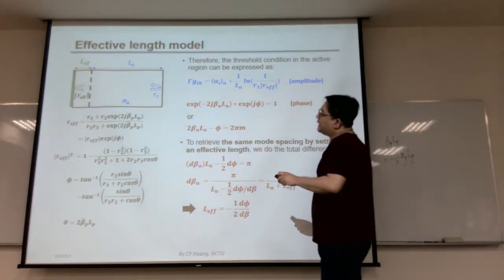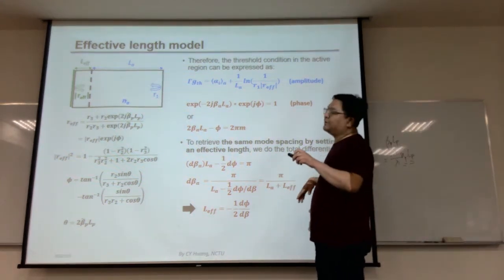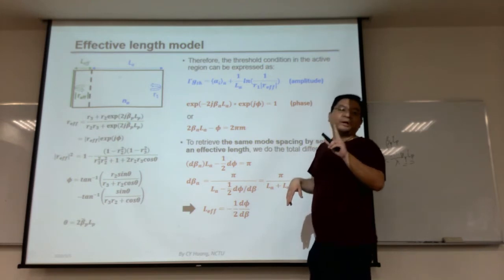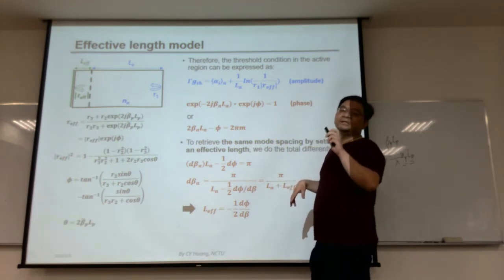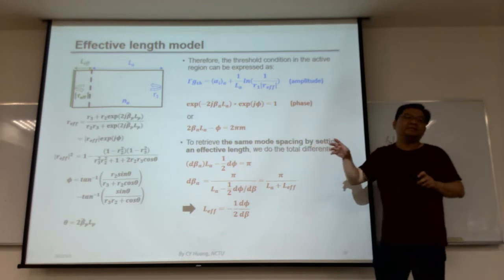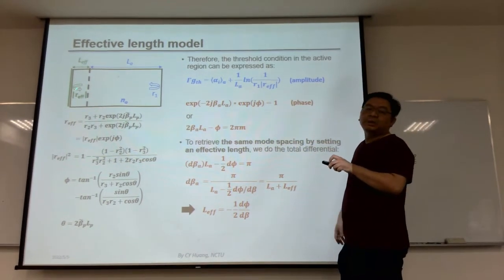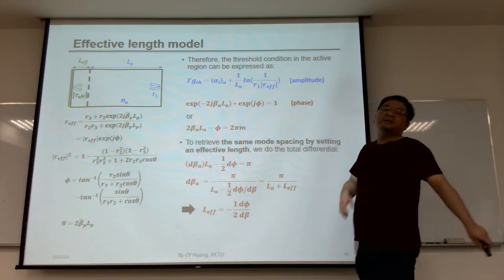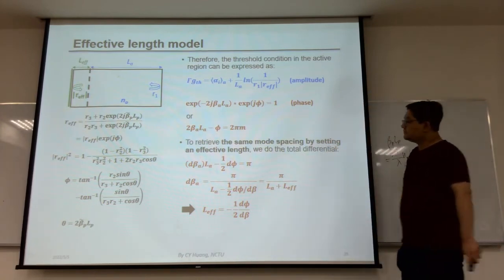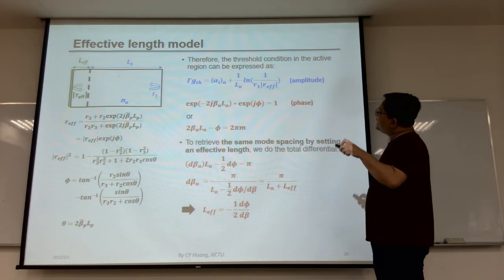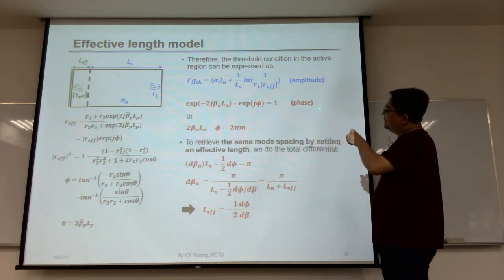So we now describe the whole system with two real parameters, no more a complex value. It describes this passive region with two real parameters, R_eff and L_eff.